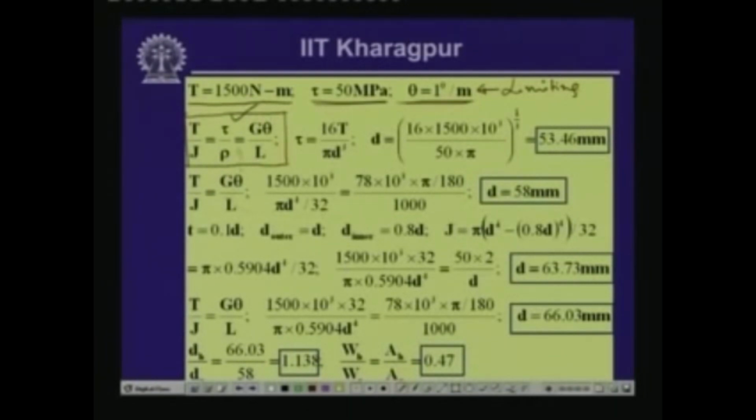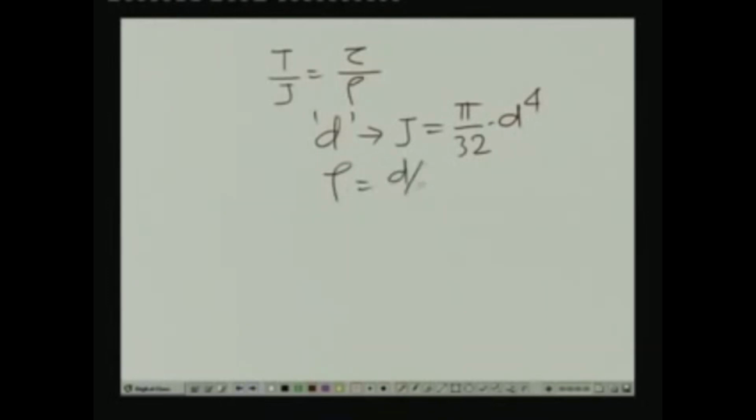Now, out of these, if we take the first part, that means T by J is equal to tau by rho, we get the relationship. This we have seen earlier. Now, for a solid shaft of diameter D, J is equal to pi by 32 times D to the power 4 and rho is equal to D by 2.